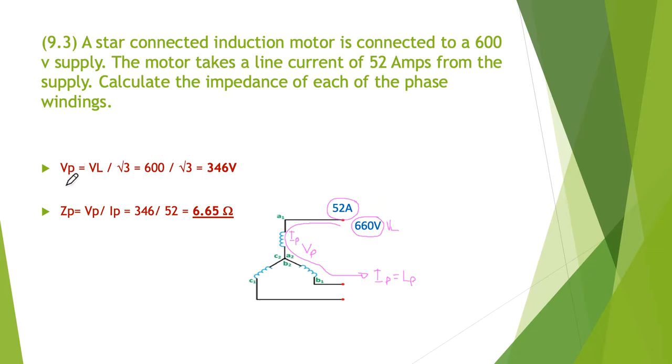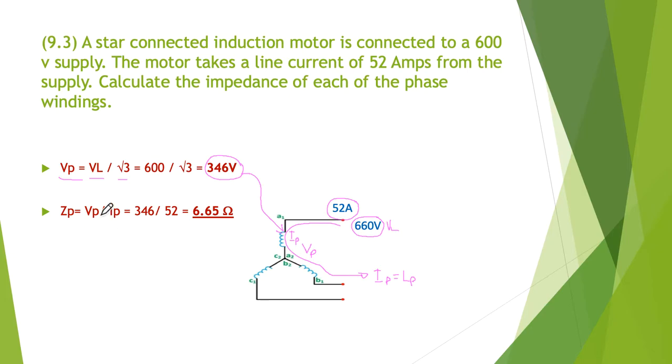So volts phase is simply the volts line divided by √3. So 600 divided by √3 gives us 346 volts. So that's our voltage across a single phase. The next thing we need to do is to get the impedance, and that's just nice Ohm's law.